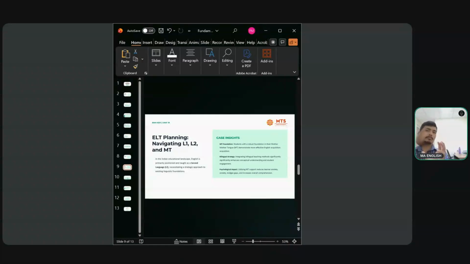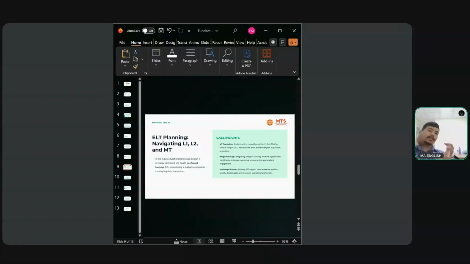So if a student is confused about the concept of past perfect tense, a brief explanation in their mother tongue can clarify the concept. And then the students can use that understanding to engage with English. This is what we mean by bilingual teaching.